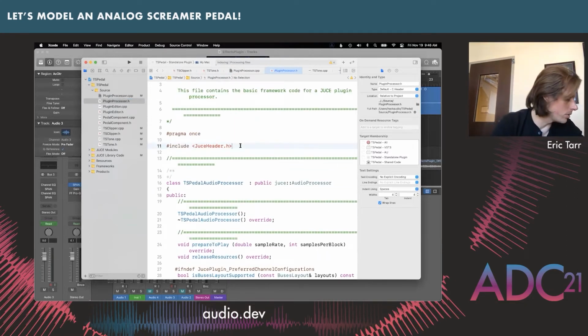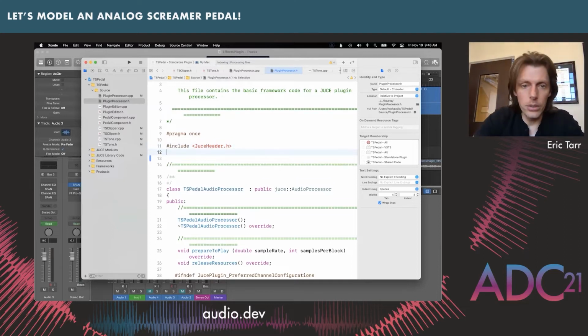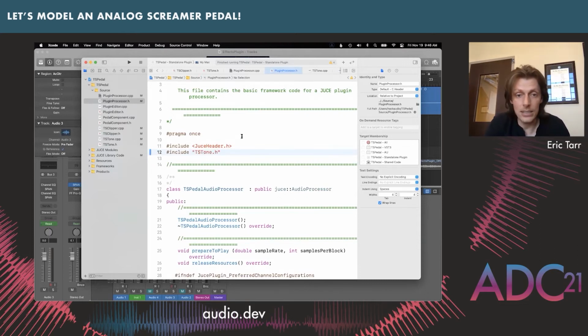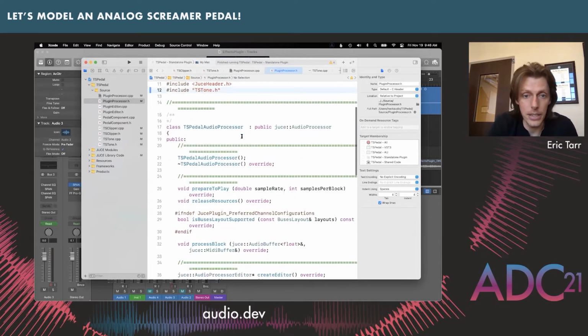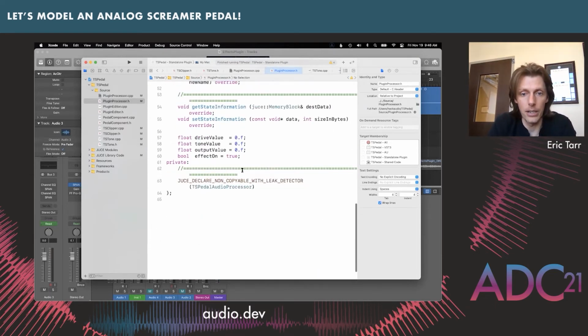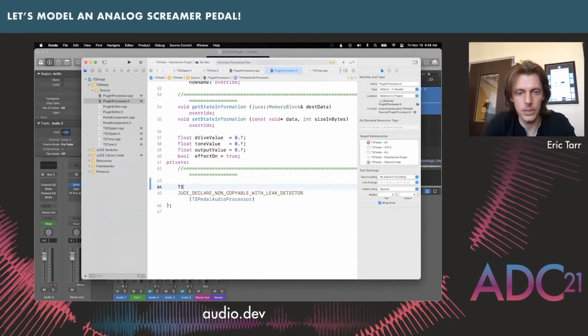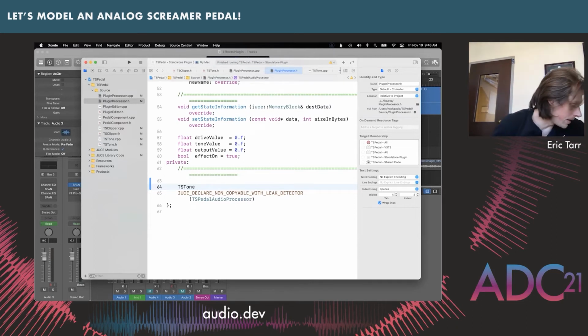So let's do include TS tone, like this. Now we can create an instance of it down here. I want to make sure I'm following along with my notes so I don't miss anything on this.